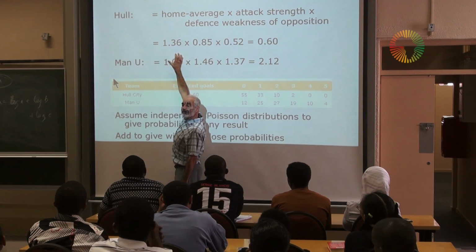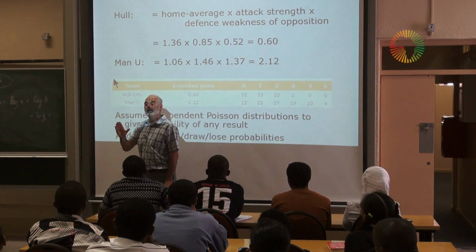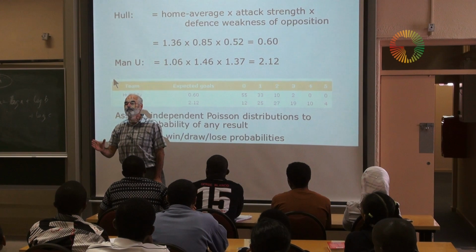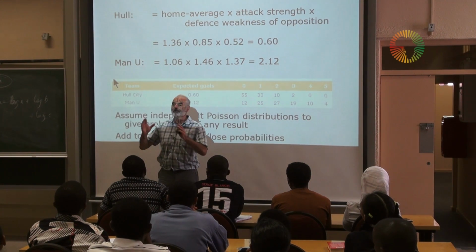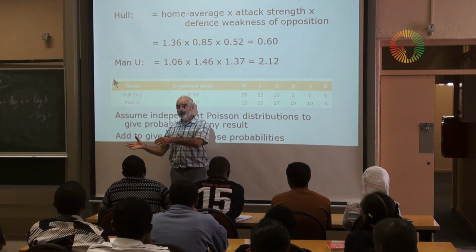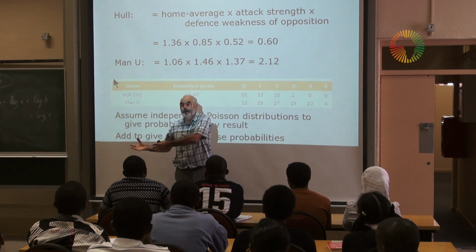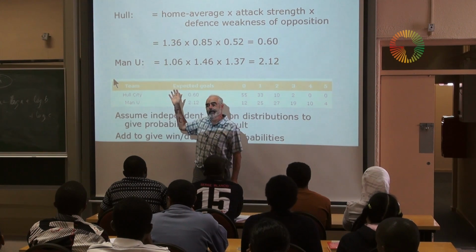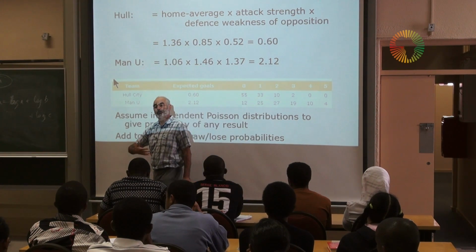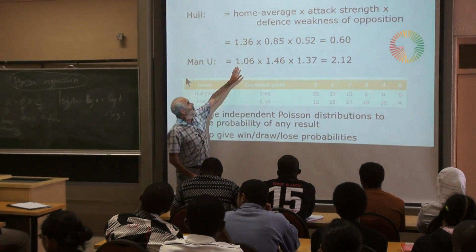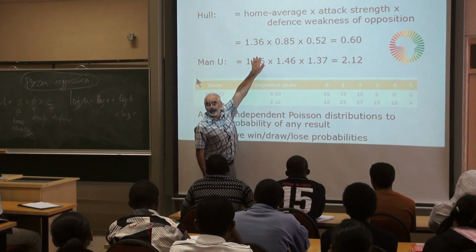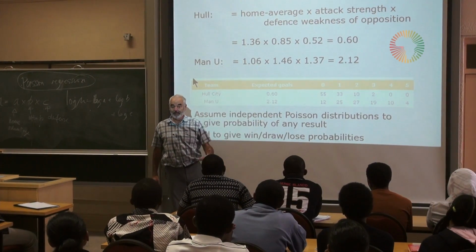The crucial thing is that I'm assuming the home advantage is the same for every team. And that's a big assumption, because some teams have a bigger home advantage than others. They seem to have a bigger effect of playing at home. And I'm not modeling that. That would be an extra subtlety to put in. I'm forcing it to be just a 30% improvement for every team.